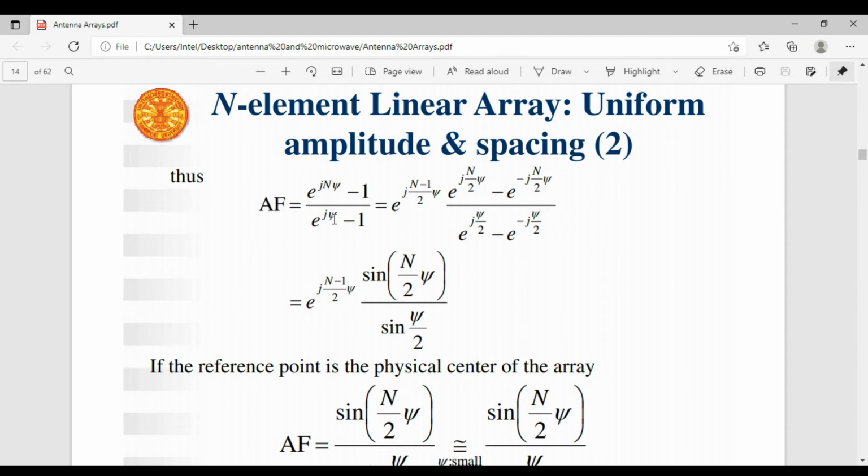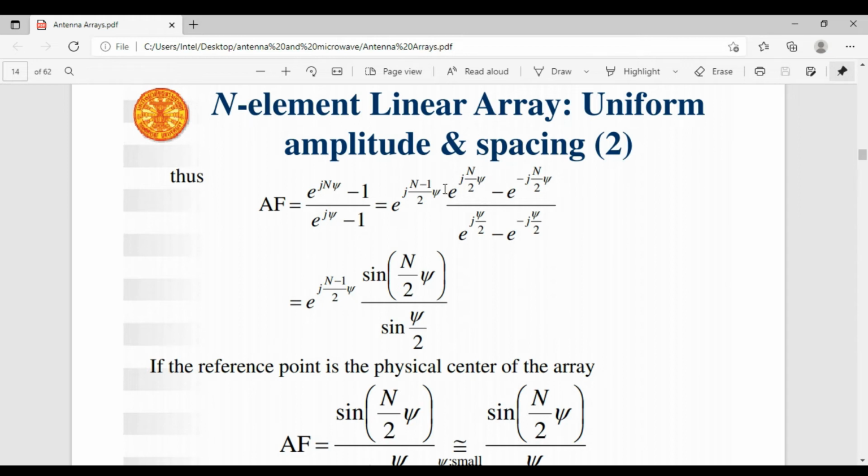Here we are considering from 1 to n, not from 0 to n minus 1. Hence the array factor is equal to e power j n psi minus 1 divided by e power j psi minus 1.